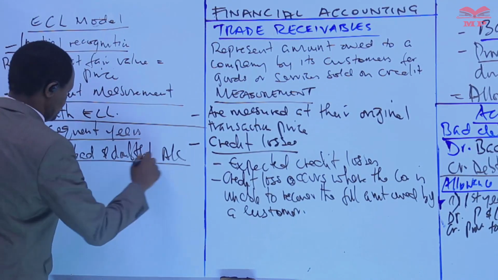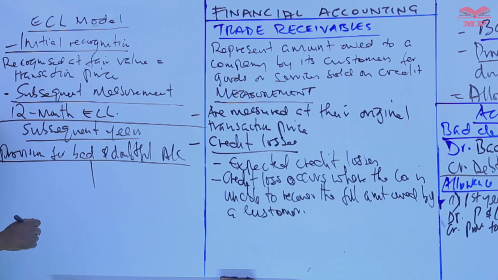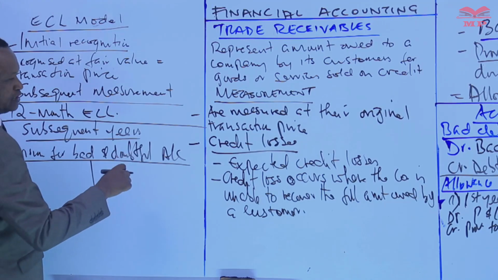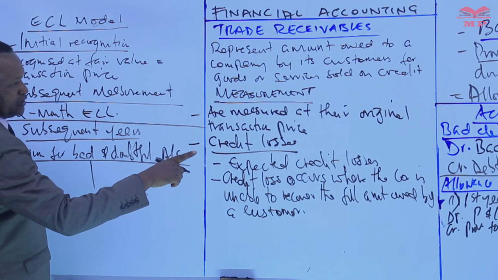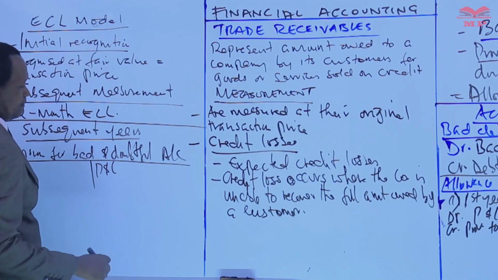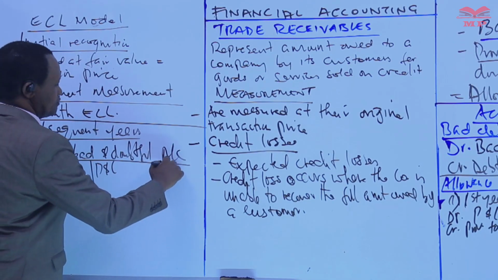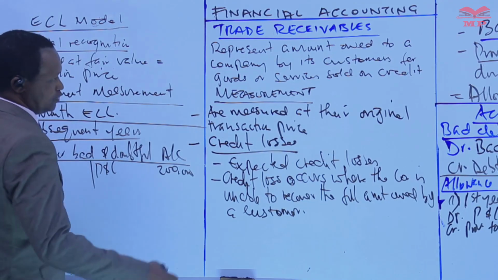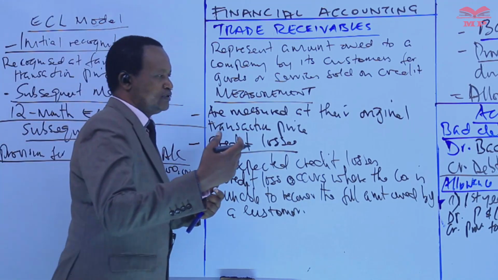The first year there, candidates, you can see we debit P&L, then credit provision. So you have here P and L, 200,000. Then we debit P&L.